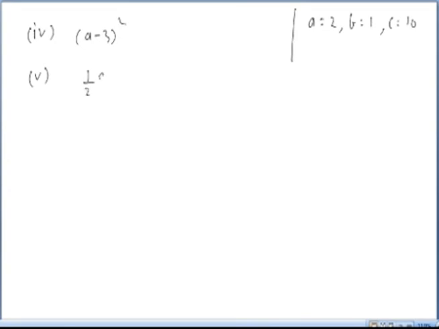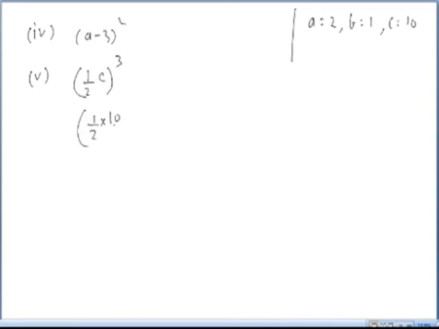1 by 2 c whole cube. First put the value of c. c is 10 here, so 1 by 2 times 10, cubed. Here is the sign of multiplication.